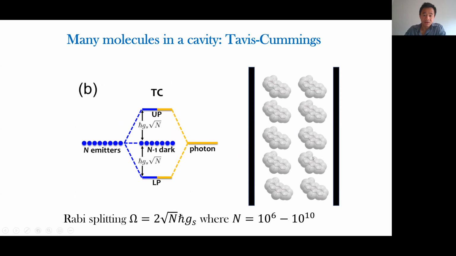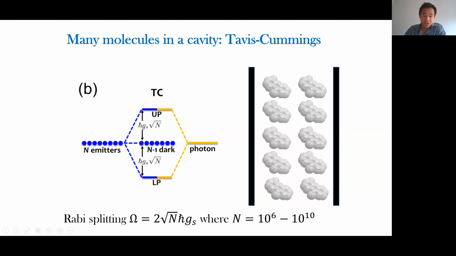So because there are many molecules fitting inside of a micro instead of a nano cavity. In that case, there's something very nice that happens, which is a superradiant phenomenon, whereby the lower and upper polaritons are now split by a giant Rabi splitting that scales as the square root of N, where N is the number of molecules. This Rabi splitting, it must be emphasized, is collective.